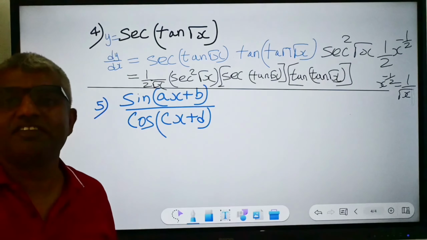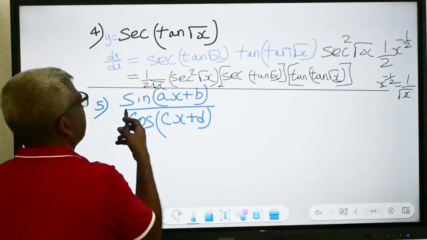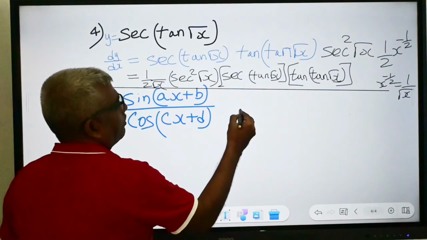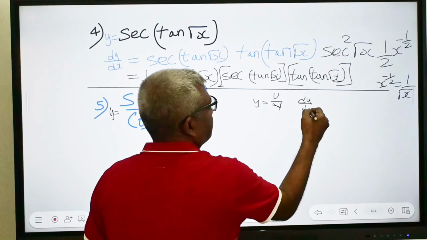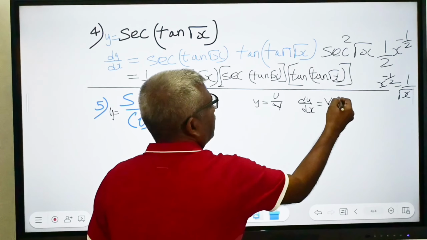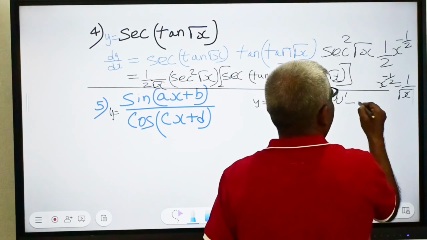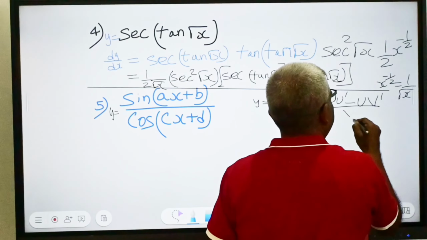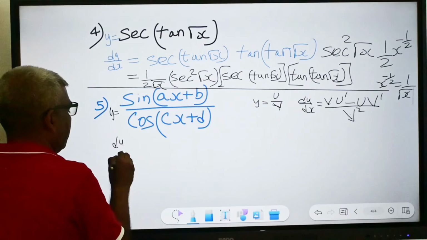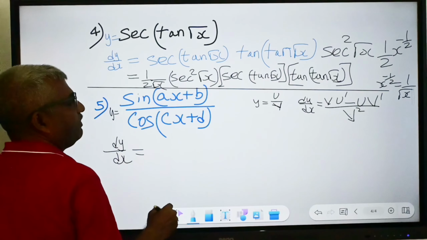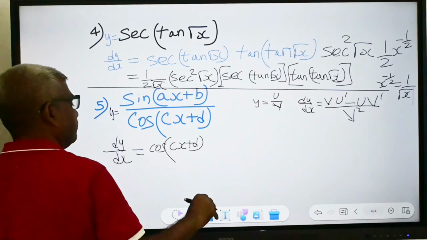Now question number 5. U over v. What is the differentiation? Let y equal to u over v; then dy by dx is (v u dash minus u v dash) divided by v squared, where u dash is the differentiation of u. Here v is cos(cx plus d).